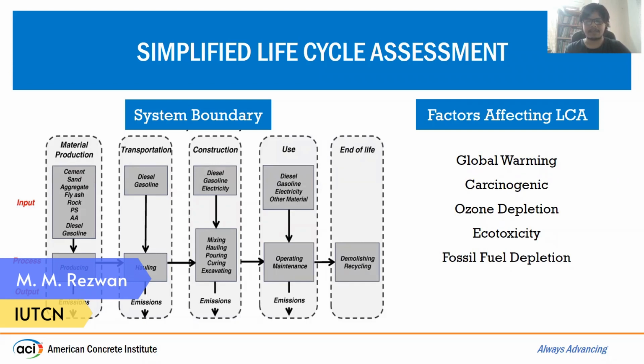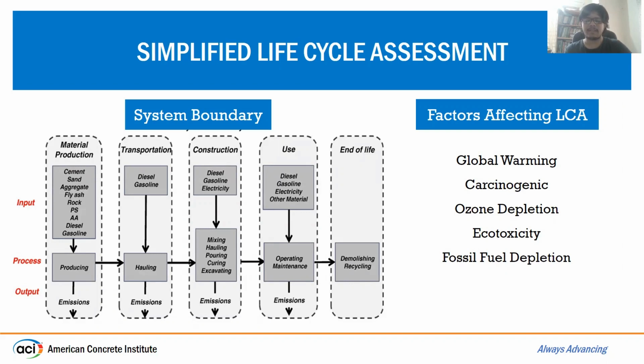Simplified life cycle assessment, also known as LCA, is a scientific framework for calculating and analyzing the environmental consequences of a product's life cycle. We have shown a system boundary for the LCA of the concrete. Here we can see the material production, transportation, construction, use, and end of life, as well as the inputs, processes, and outputs.